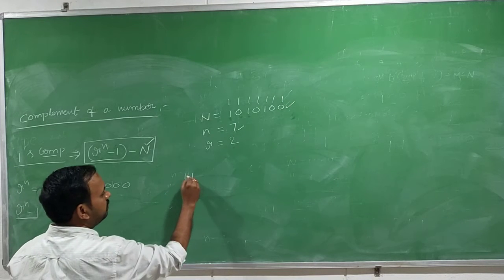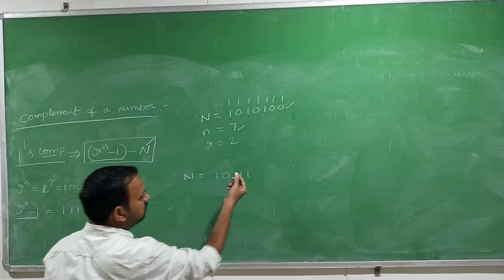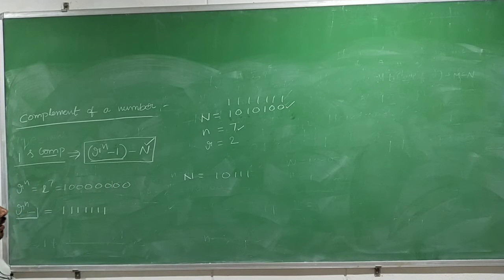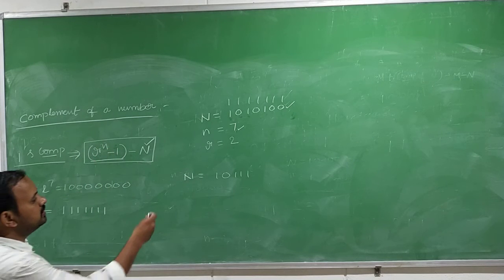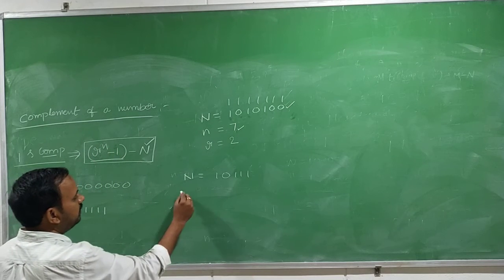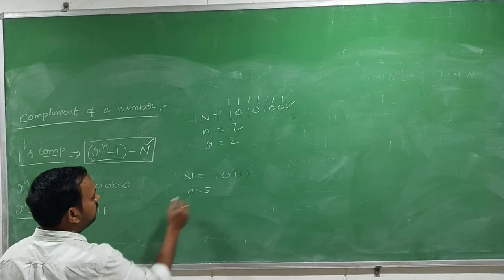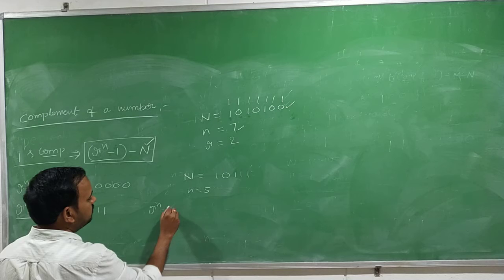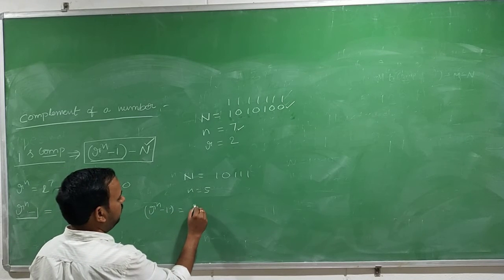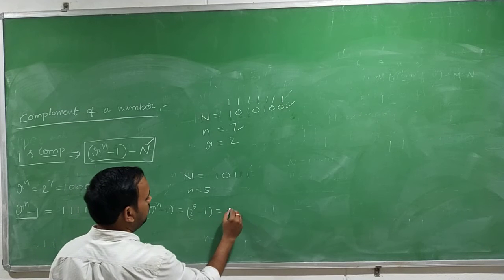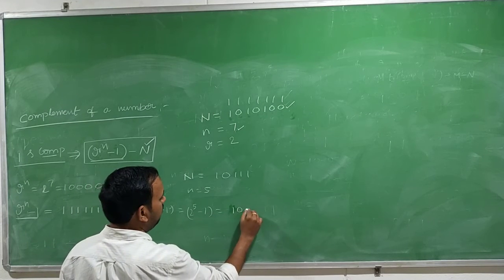Suppose for example you have taken n equal to 10111. This is the number you have taken. Now r power n minus 1 will become what? Here n is nothing but how many bits? 5 bits, right? So r power n, that is 2 power 5, is actually 32. 32 means you can write 1 followed by 5 zeros.